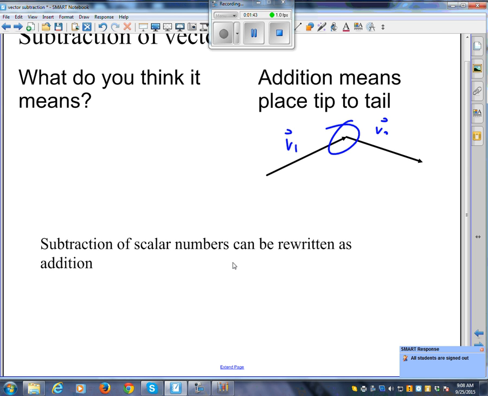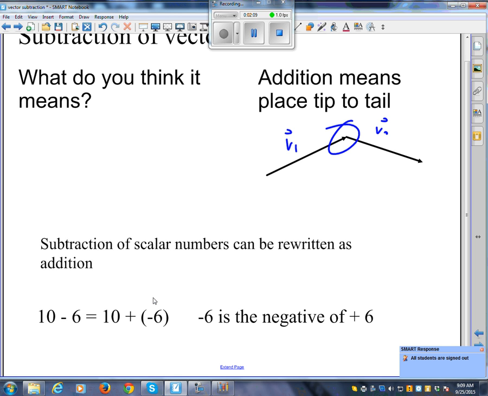We do it in chemistry. We teach about the Bohr model. Big lie. Not how it really works. Okay? It happens all the time. We teach you simple models that are good enough for the building block for the next level. So same thing with subtraction. Okay? Now, subtraction of scalar numbers can be rewritten as addition. You were probably shown something like this, maybe about grade 7 when you got to negative numbers, right?